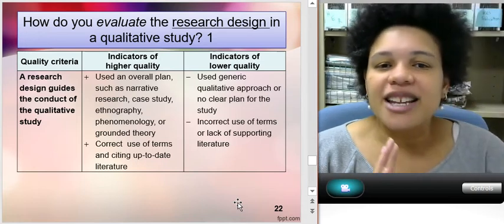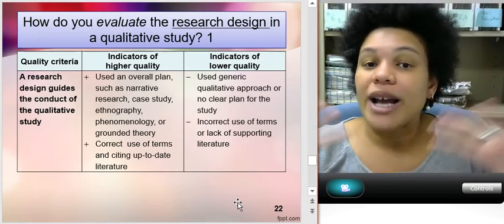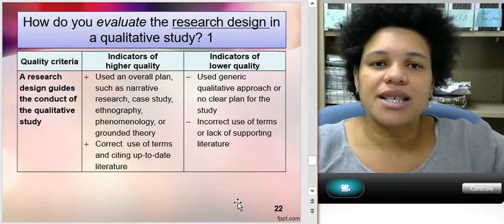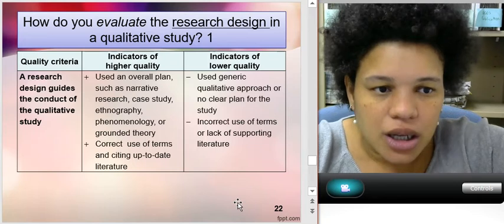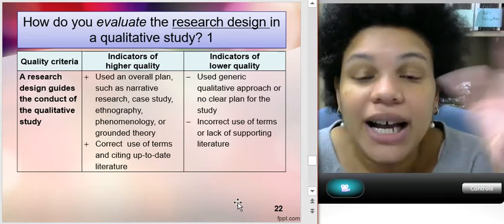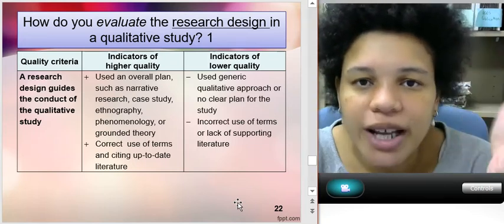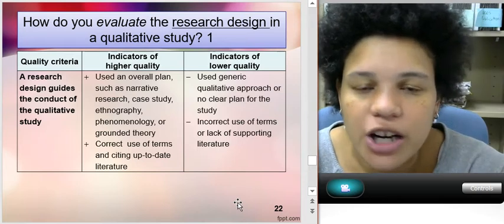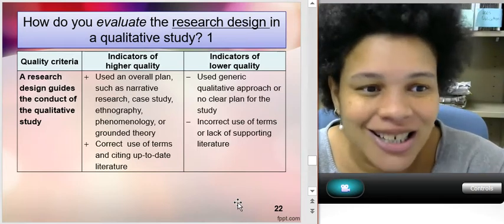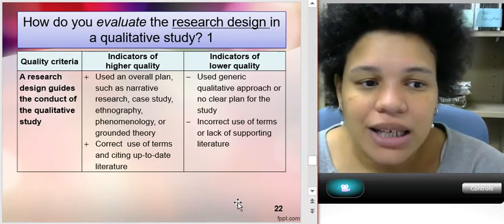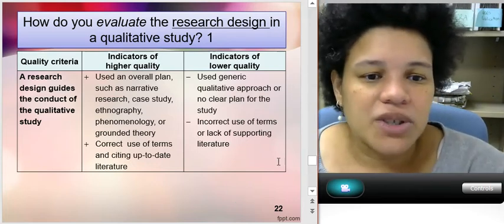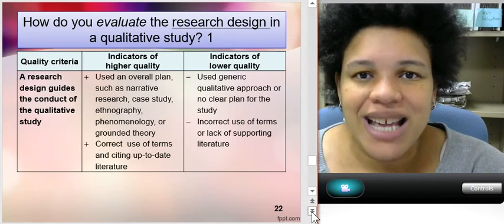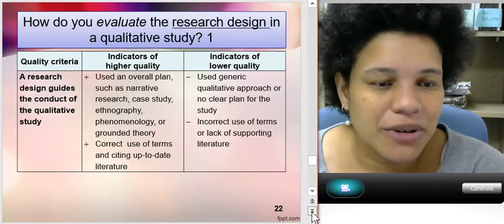With qualitative, I go in with my questions, and sometimes what happens in the setting determines how things play out. But it's important to go in with an understanding of what genre I am using. So is there an overall plan? Am I using terms correctly? Something about the research design should be evident in the paper.